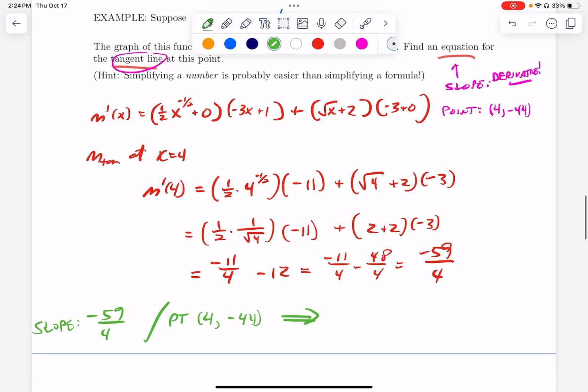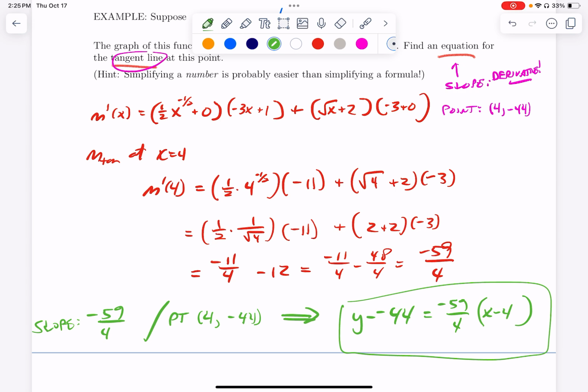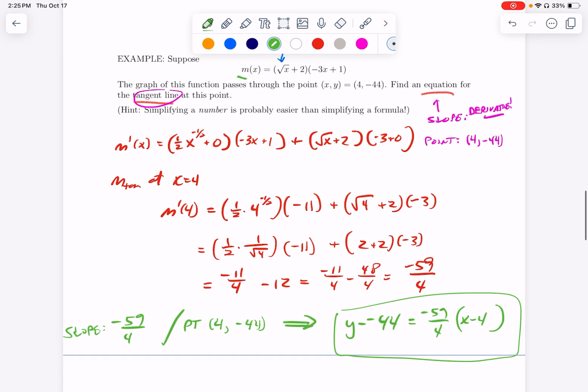So I'm just going to use point slope form because I don't want to deal with that fraction. Y minus our specific y coordinate equals slope times, in parentheses, x minus our specific x coordinate. That's the equation for that tangent line. You could clean it up if you want to, but the instruction was to find an equation, which means any form is fine.